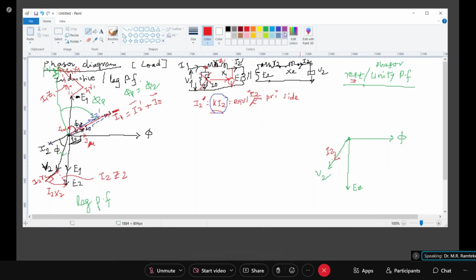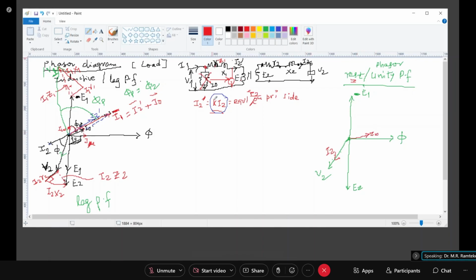Now, we take this. This is my minus E1. And as you know, the current I0 will be here.